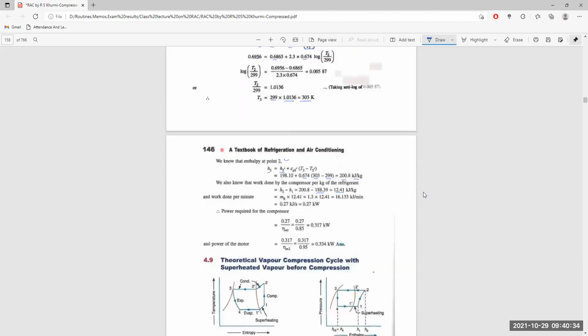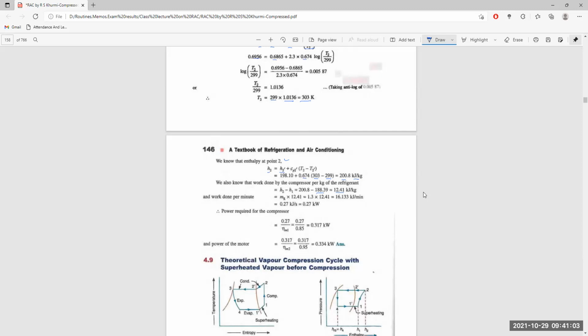If you multiply it by the change in enthalpy, 12.41, then the work done per minute is 16.1133 kilojoule per minute. If you reduce it, that is 0.27 kilojoule per second, which is equal to 0.27 kilowatt.